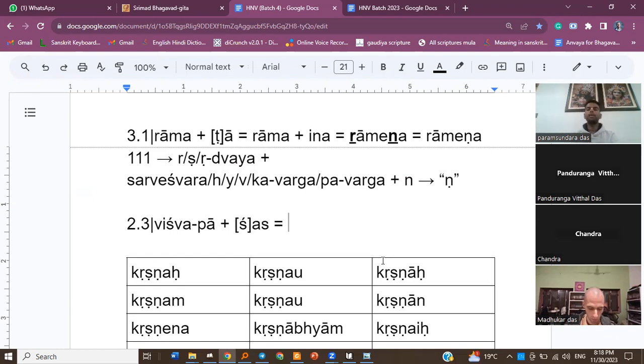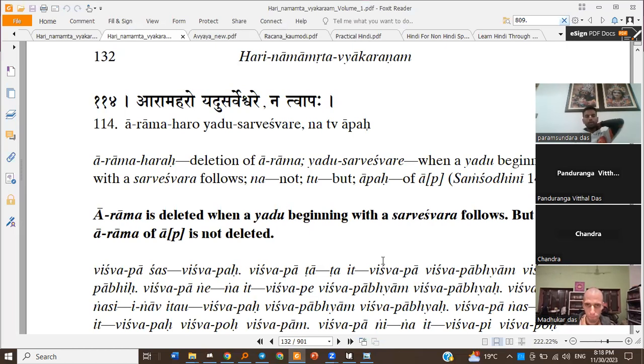Now Shas is a Yadu beginning with the Sarveshwara. We do not count this indicated letter. So it begins with the Sarveshwara. So the sutra says Arama Haro Yadu Sarveshware Natvapaha. Arama is deleted when a Yadu beginning with the Sarveshwara follows.